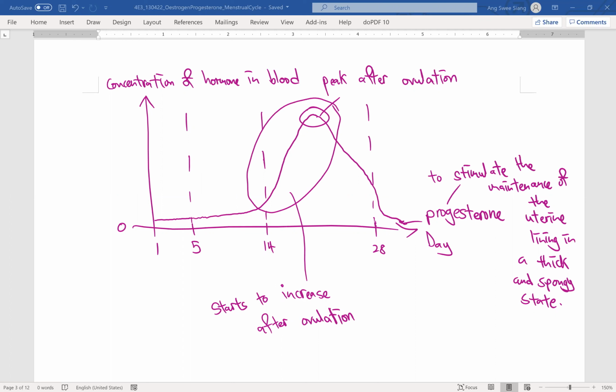Now, if the father is double eyelid and the mother is double eyelid, the father can be homozygous dominant or heterozygous. Then the mother also can be homozygous dominant or heterozygous, because if double eyelid is dominant, it will be expressed even when there is only one allele that is capital D, the double eyelid allele.